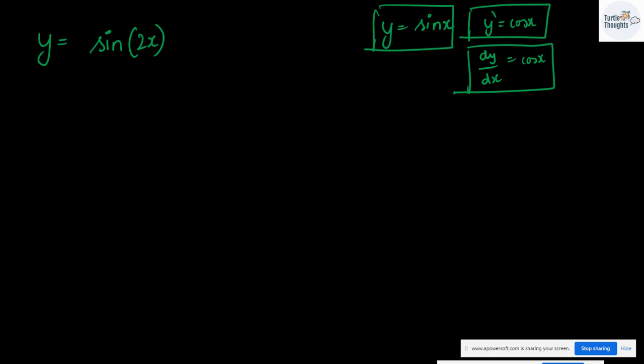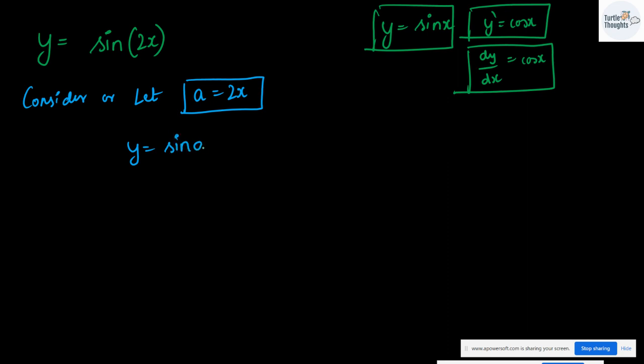To use the chain rule, I can write, consider or let, anything you can write, a is equal to 2x. When a is taken as 2x, y can be written as sine of a. I have the value of y, I have the value of a. I can find out y dash or dy by dx, the differential of y with respect to x.